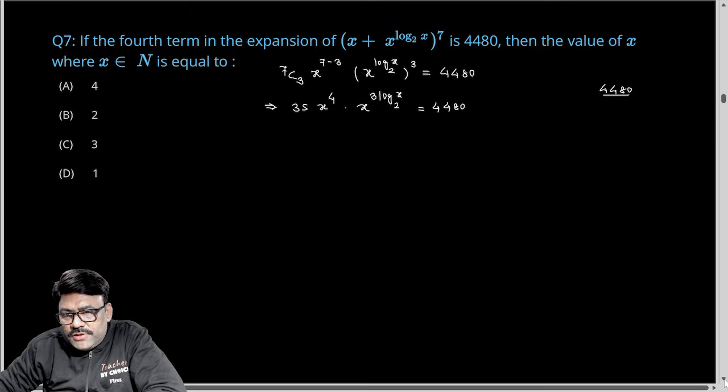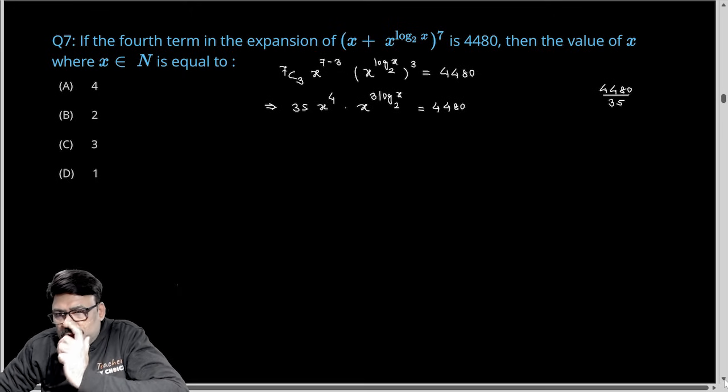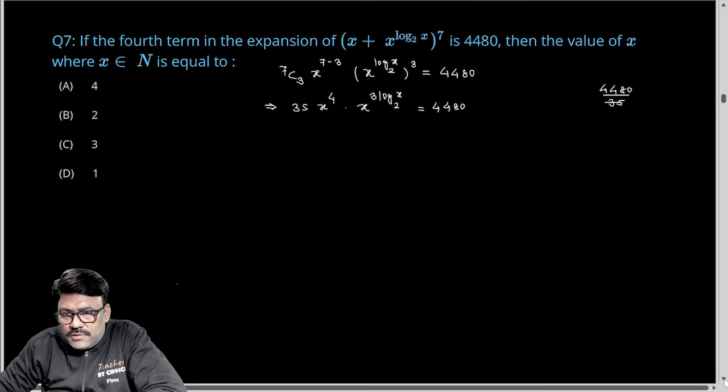If I divide by 5, it is 7 here, 8 there, then it is divided by 7.